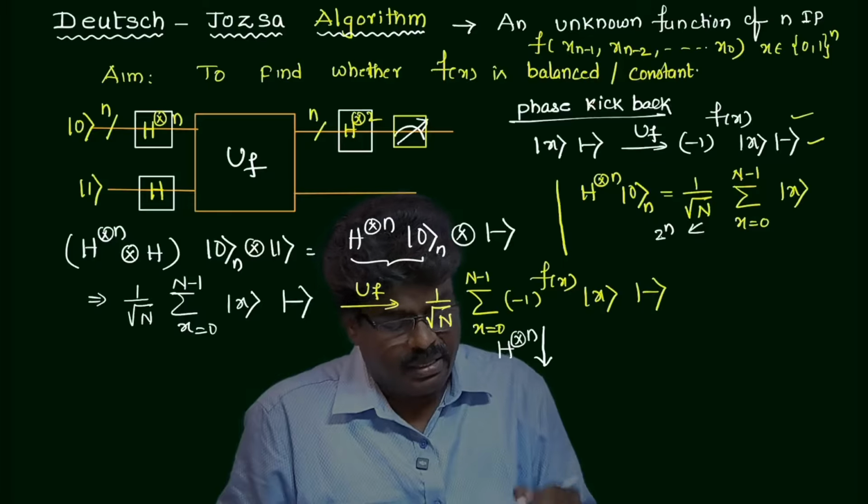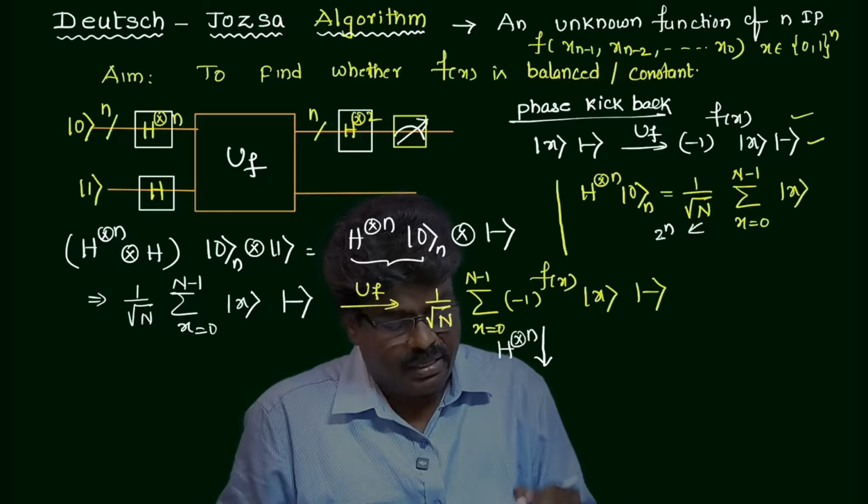Now let us suppose f of x is a constant. What is the meaning of f of x is a constant? For all x inputs, its value is some constant c. Let us suppose that f of x is equal to c. That c may be 0 or 1. I hope you know that. So then it is 1 by n summation minus 1 whole power c, but this c can be either 0 or 1.